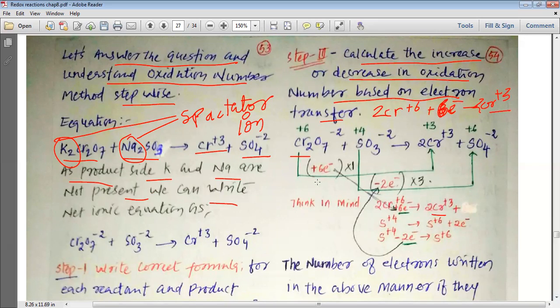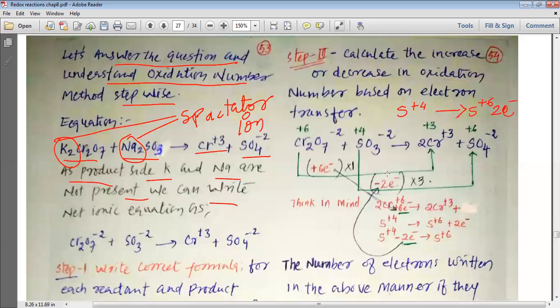So the total transfer of electrons is 6 electrons. Now when we look at sulfur, sulfur goes from +4 to +6. What happens? Sulfur +4 turns out to be sulfur +6 and it has to release 2 electrons. But we have only one sulfur, so there is a total exchange of 2 electrons only.